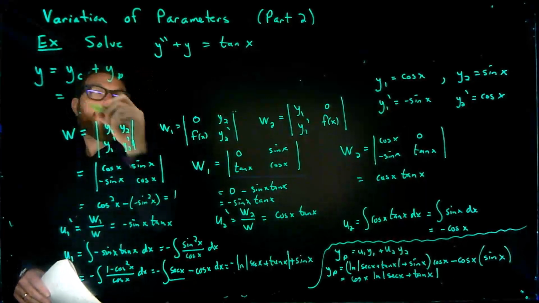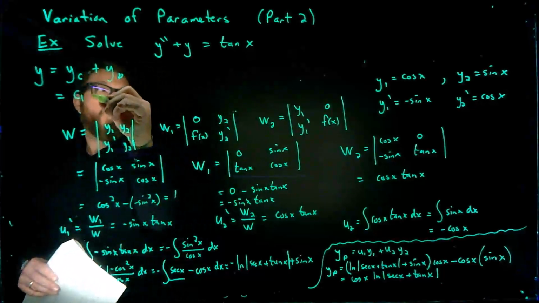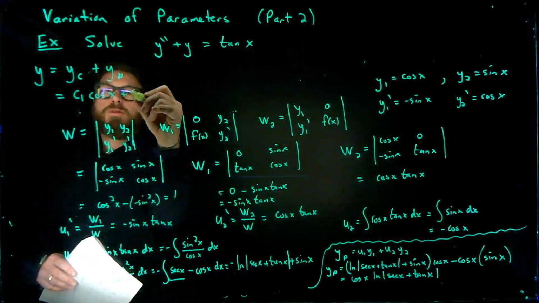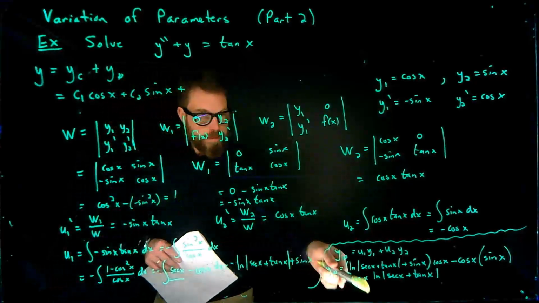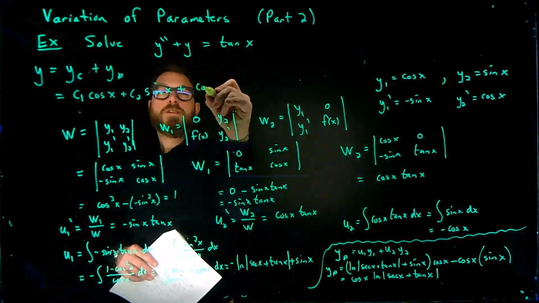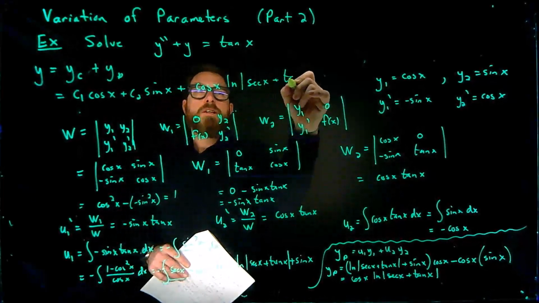Our complementary solution was c1 cosine of x plus c2 sine of x, plus our particular solution, which happens to be this cosine of x times the logarithm of the secant of x plus the tangent of x.